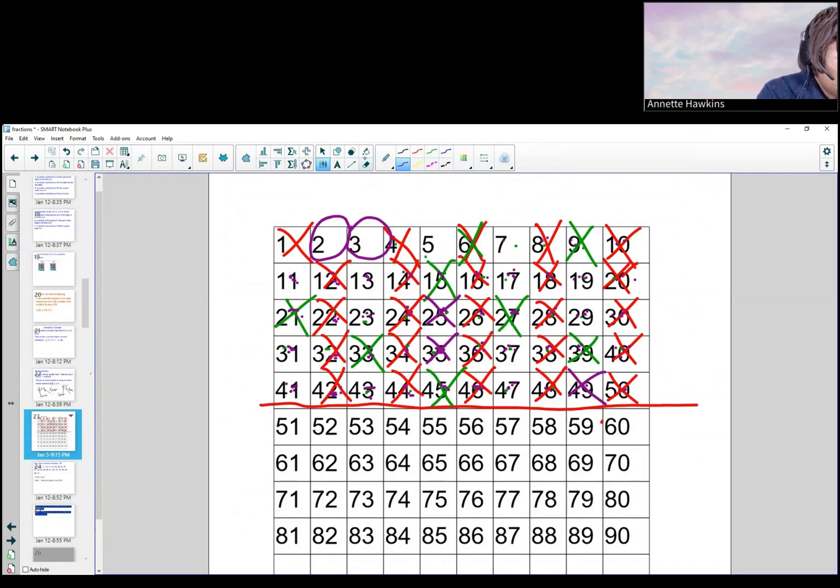So I'm going to write them out. Okay. So we got the prime numbers between 1 and 50.